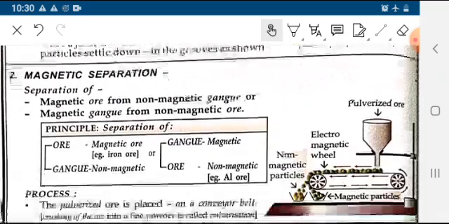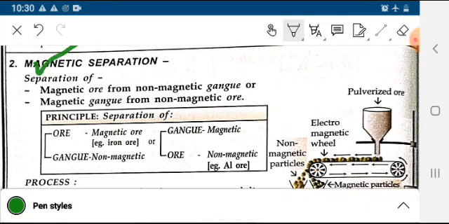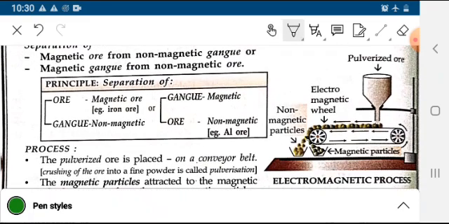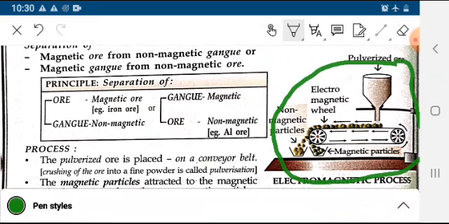Next is the magnetic separation. The separation of magnetic ore from the non-magnetic gangue, or magnetic gangue from non-magnetic ore. As you can see, this is the apparatus for magnetic separation.